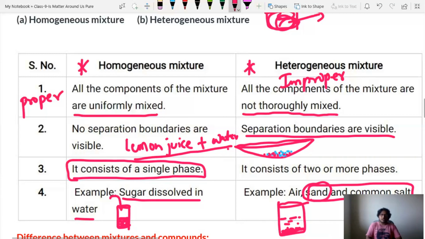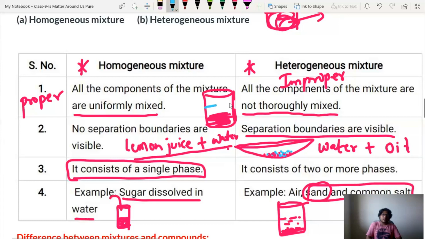But while coming to heterogeneous, it consists of 2 or more phases. Let us take water and add oil. If you mix water and oil, you can see separation boundary, isn't it? You take beaker, consider this is water, and you can add oil to it. So oil will be floating on water.